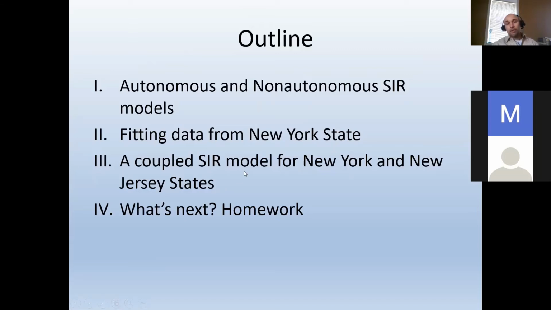And yes, New York and New Jersey are two different states, but there's a lot of people going from New Jersey to New York, and from New York to New Jersey. Okay, and then I will discuss what we can do after that. This will be your homework if you want to get a grade on this topic. All right? Any questions so far?